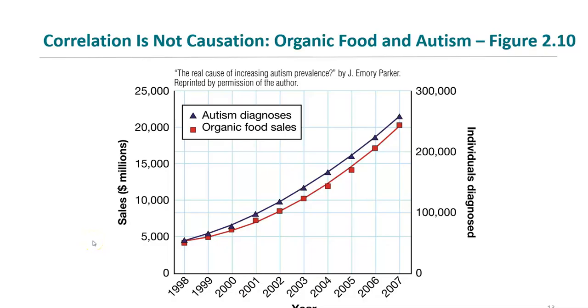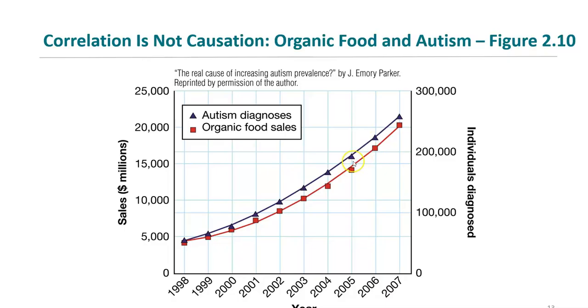So here we have an example. Some Reddit user posted this graph that shows over the years, in purple, autism rates have been increasing. And on the left-hand side, it shows organic food sales with the red line on the graph. And it shows that organic food sales have also increased during the same time frame, and that the two lines look very closely aligned.